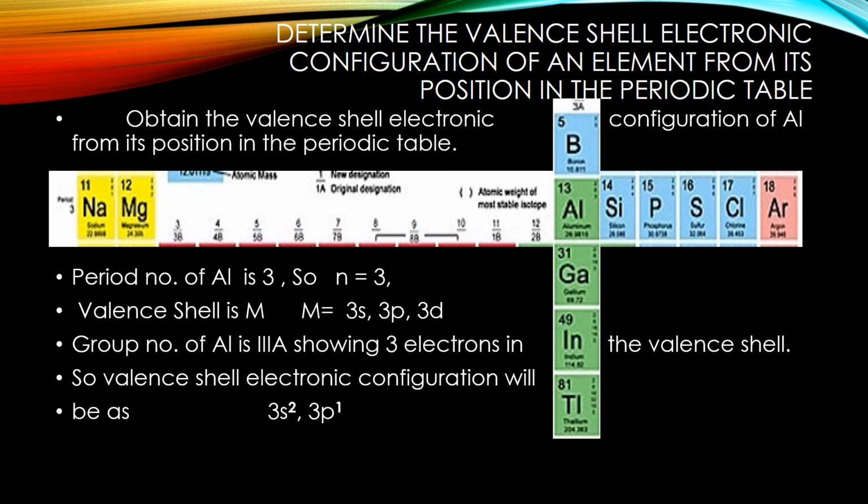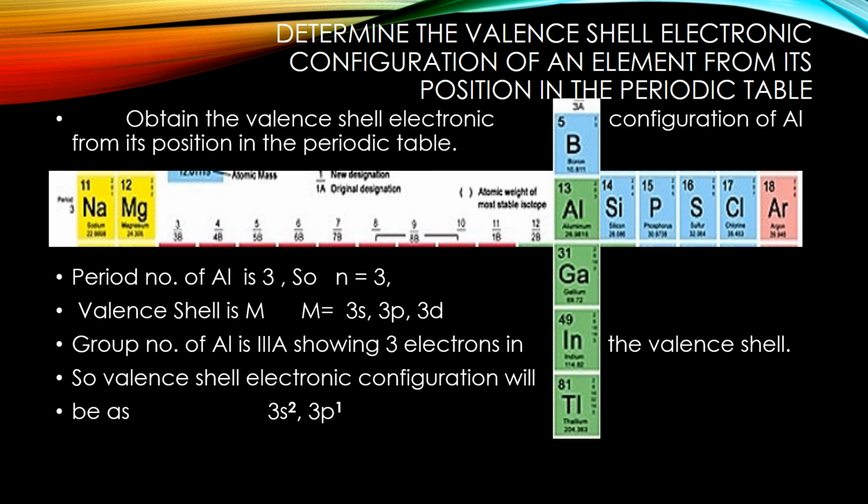So its valence shell electronic configuration will be 3s2, 3p1. You can see here the M shell is the valence shell containing the 3 orbitals, 3s, 3p, 3d, and aluminium contains 3 valence electrons, as its group number is 3. So as it contains 3 electrons, they will fall in 3s2, 3p1.